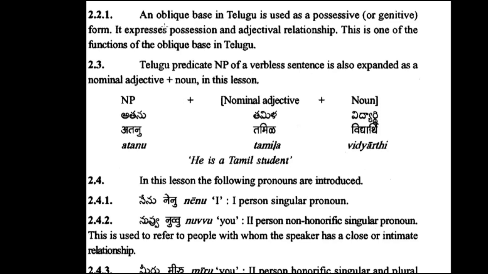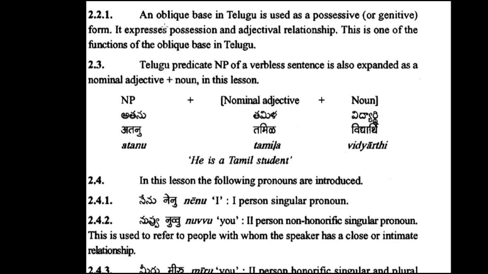This is one of the functions of the oblique case in Telugu. See here, let's read the next one also. Then we have the example sentences. Then you will understand clearly. Telugu predicate NP of a verbless sentence is also expanded as a nominal adjective plus noun in this lesson. Now we'll focus on the example sentence, so you will understand very clearly.